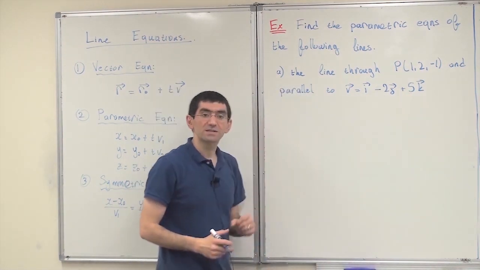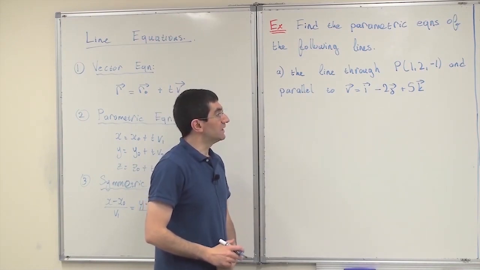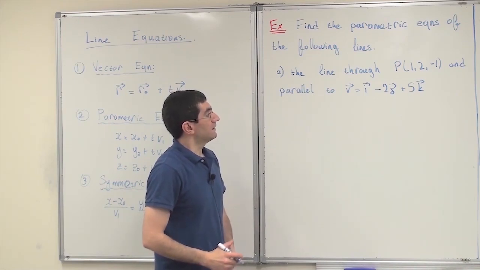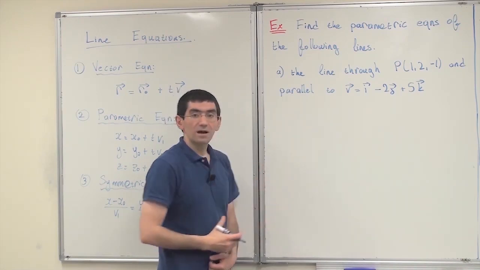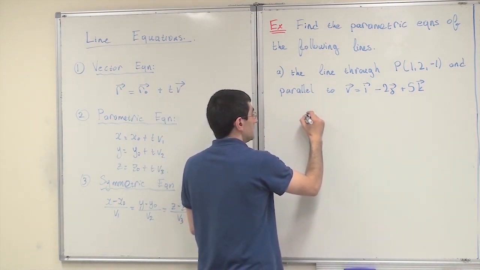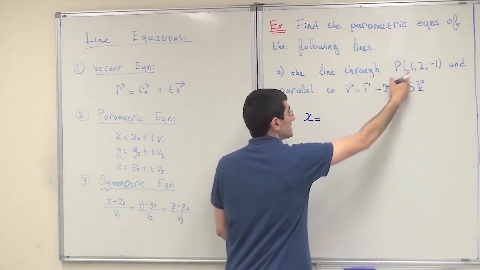As you see in this exercise, we are given all the information we need to calculate the line equation, and all the information is ready to use. So, we need the point, and the point is given.